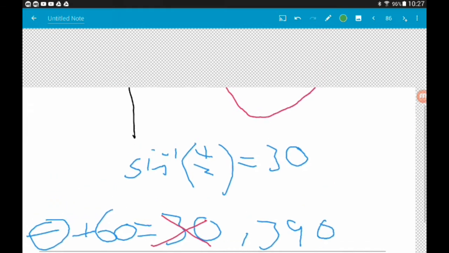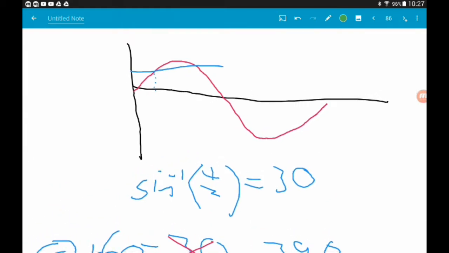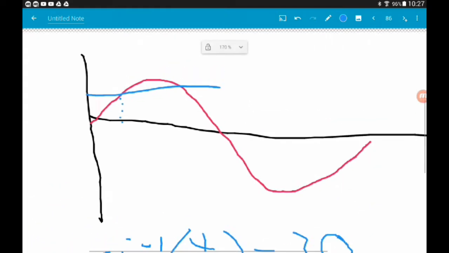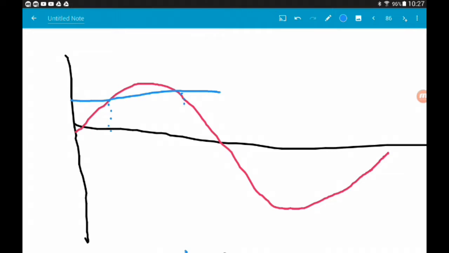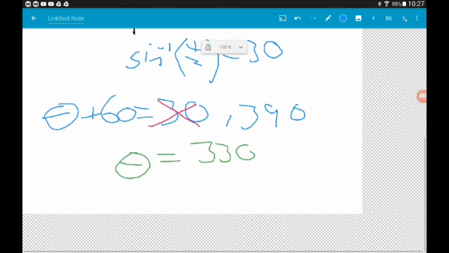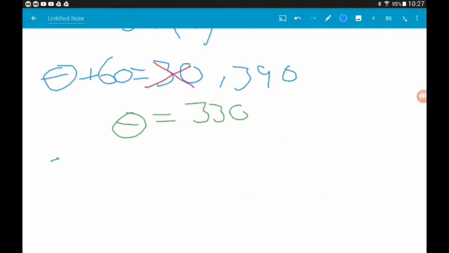So that is our first value for theta. Now the other solution that the graph would give us is this one, which would be 180 minus 30, which would be 150. So that gives us theta plus 60 equals 150.